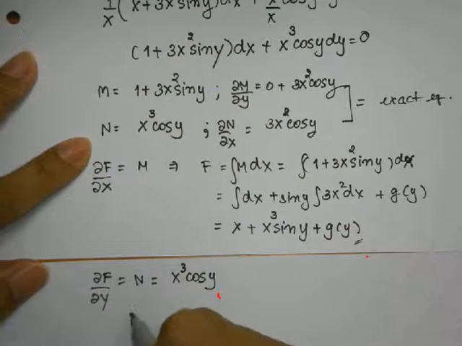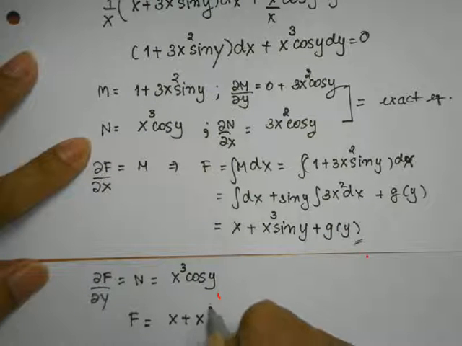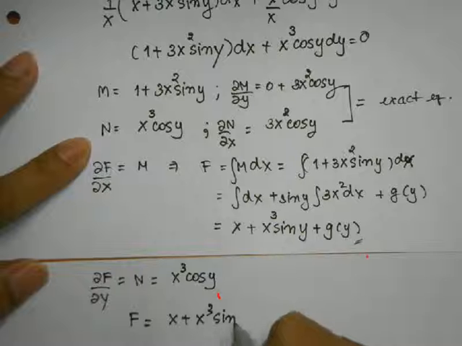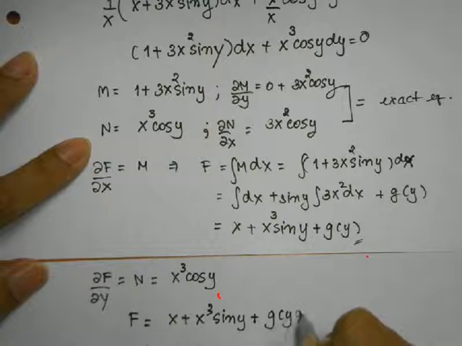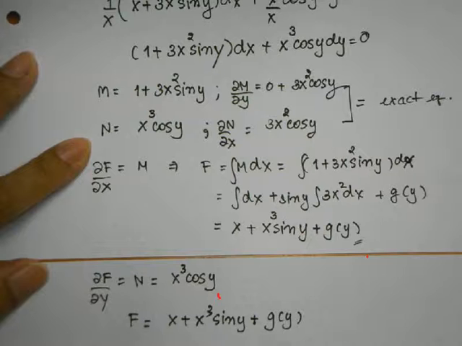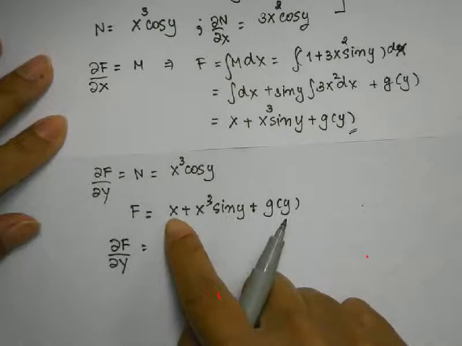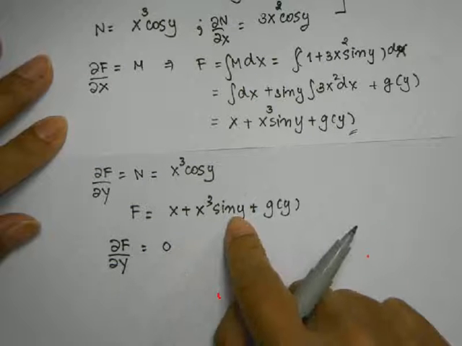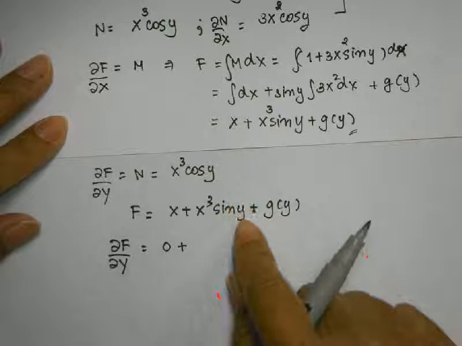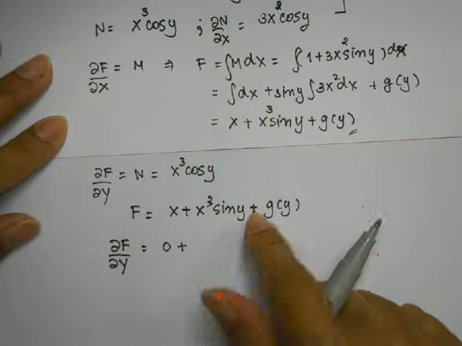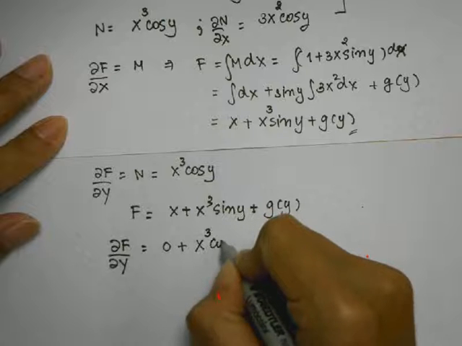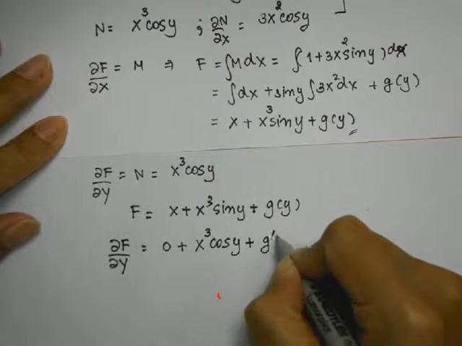Now, because we know that our f is equal to x plus x to the power 3 sine y plus g(y), we differentiate f by y. If we differentiate this f by y, the first term equals 0, the second term equals x to the power 3 cos y, right?